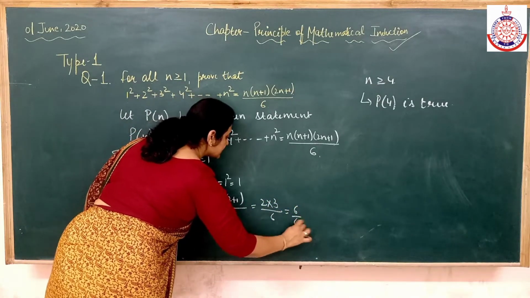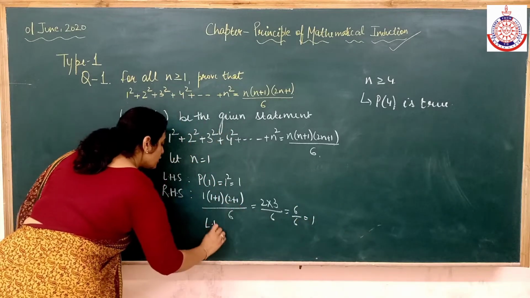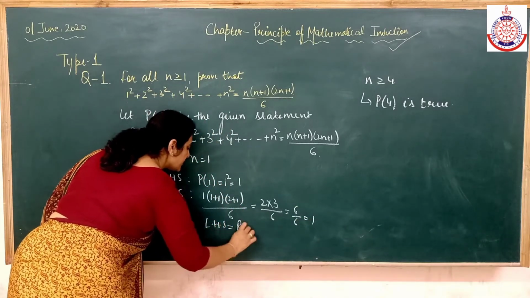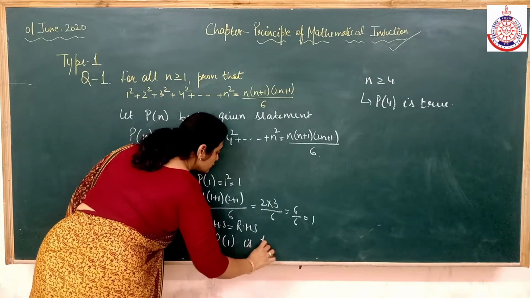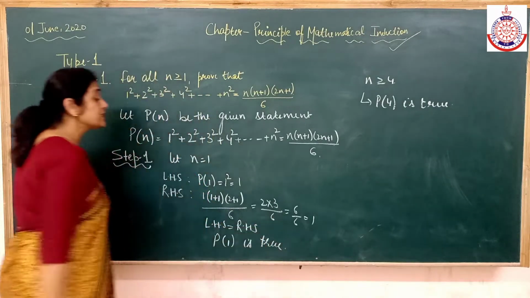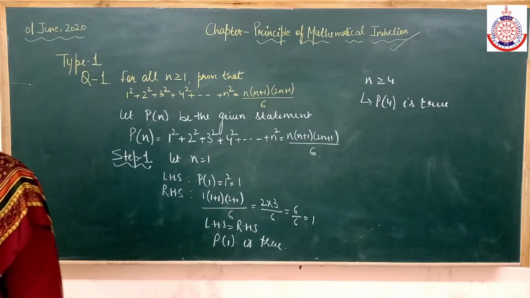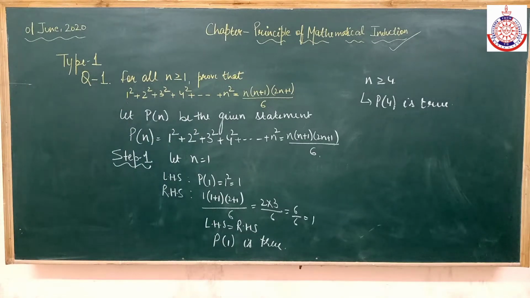That is 6 by 6. That's 1. So left hand side is equal to right hand side. It means P1 is true. Is it clear? So my first step is to take n is equal to 1, and for that I need to prove that the result is true for n is equal to 1.